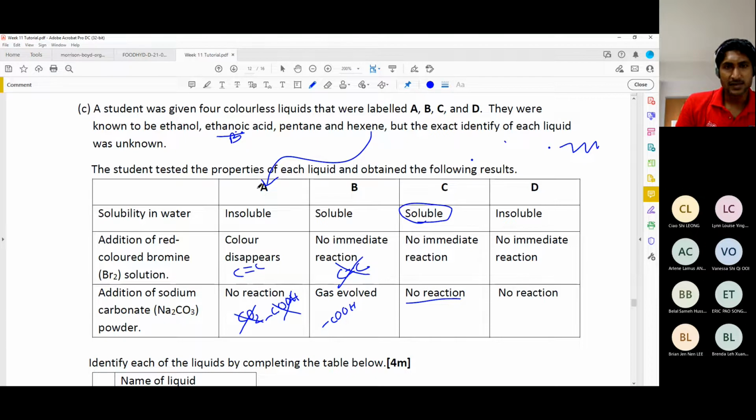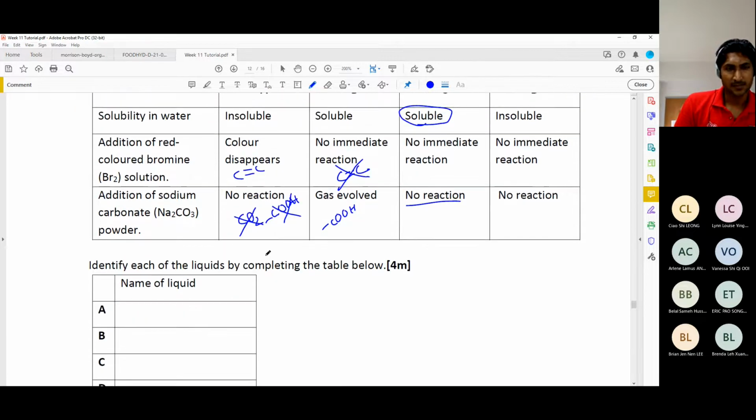From this hint, we understand that it should be ethanol, because ethanol has the OH group, which is polar, and it gets dissolved in water. So most probably it is C. And the rest, it is pentane. So it is D. After looking at it, it suits pentane most.